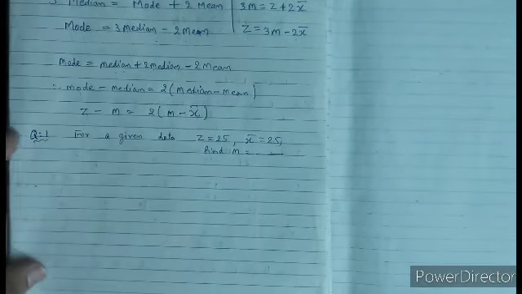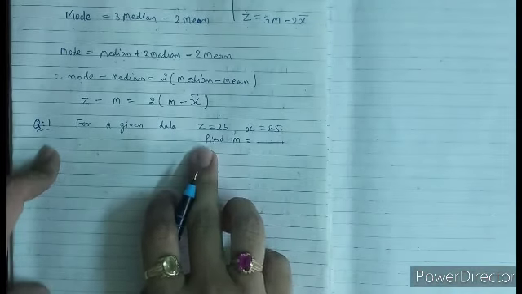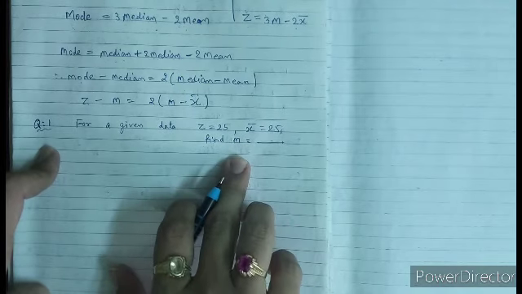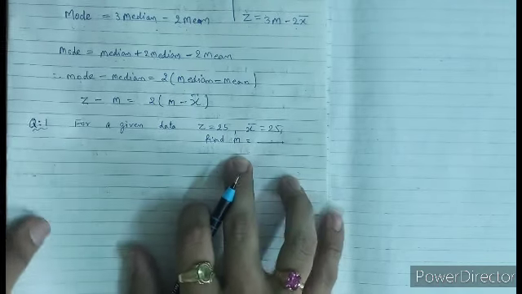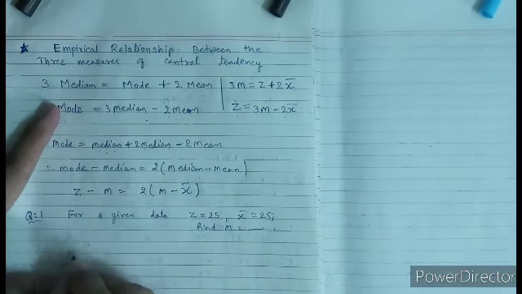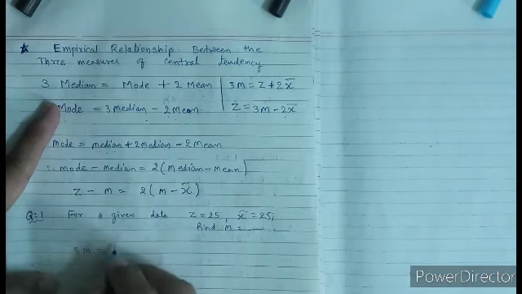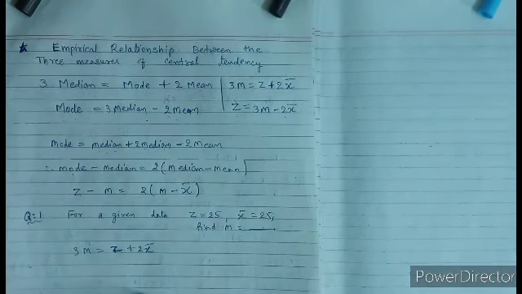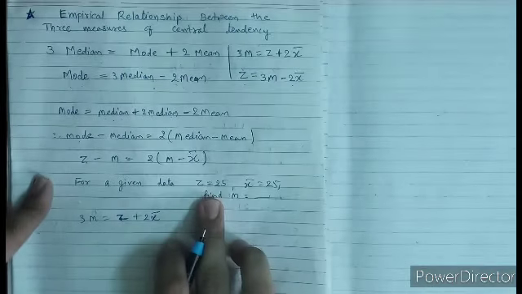The question is, for some given data z equals 25, x bar equals 25, we have to find m, that is median. We will use the first equation, that is 3 into median equals mode plus 2 into mean. We apply the values given here.